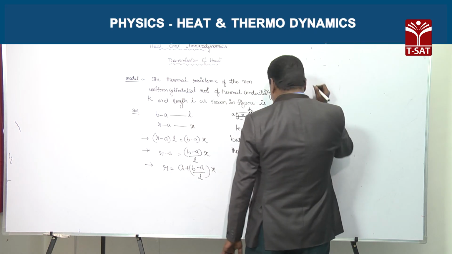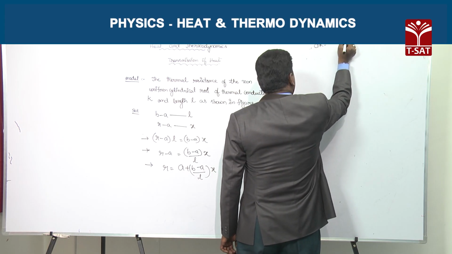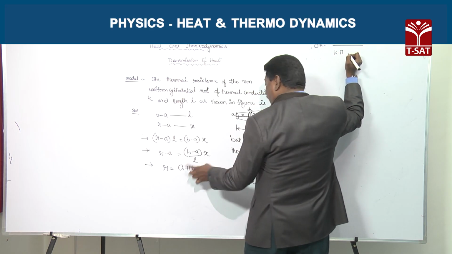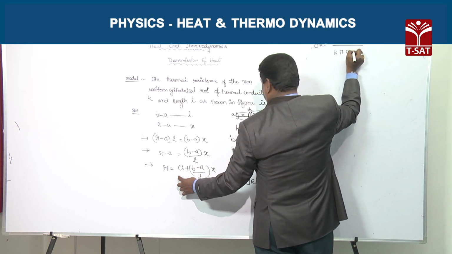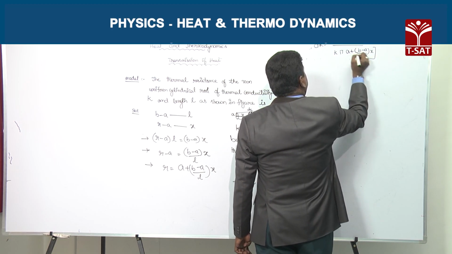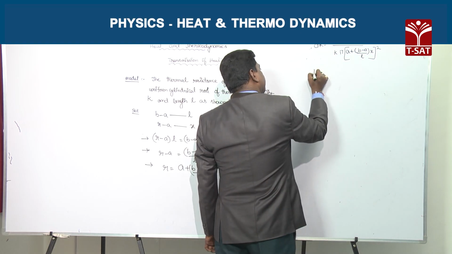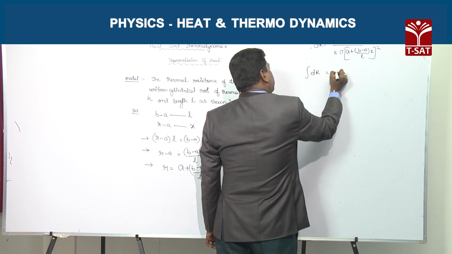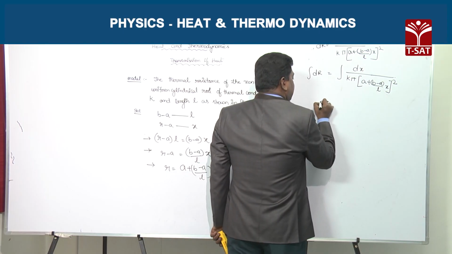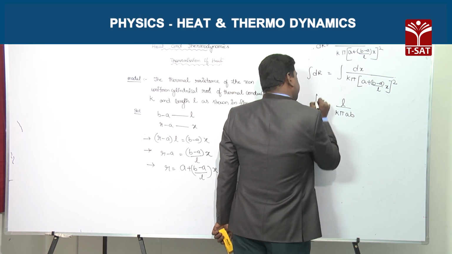Substituting the r value, dR equals dx by K into pi into r square, where r is given as (A plus (B minus A) by L into x) whole square. Integrating on both sides, we get thermal resistance R equals L by K pi AB.